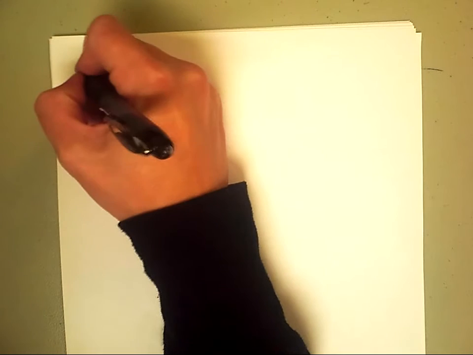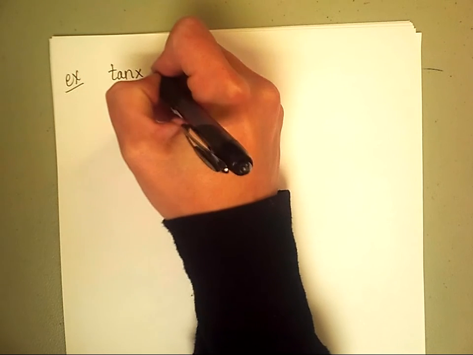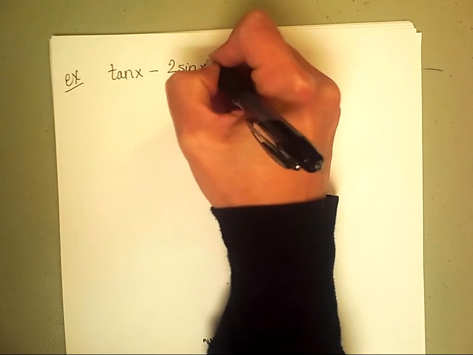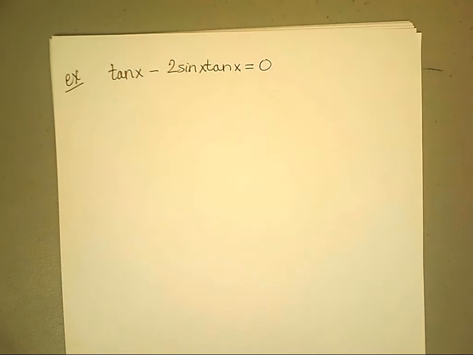Alright, let's do some more factoring. And so we can solve equations with tangents and cosecants and all sorts of stuff too if we want. So the tangent of x minus 2 times the sine of x, tangent of x, is equal to 0.